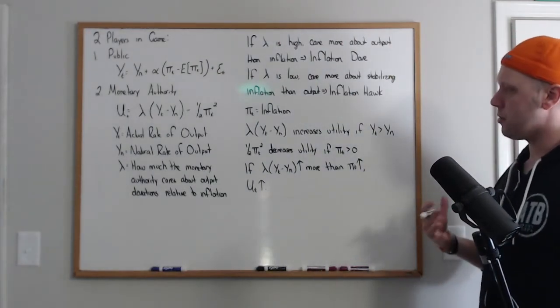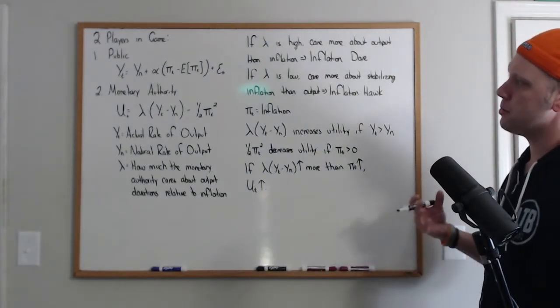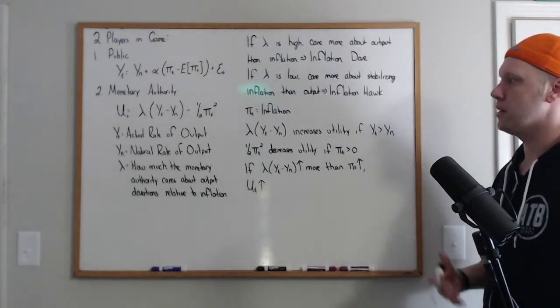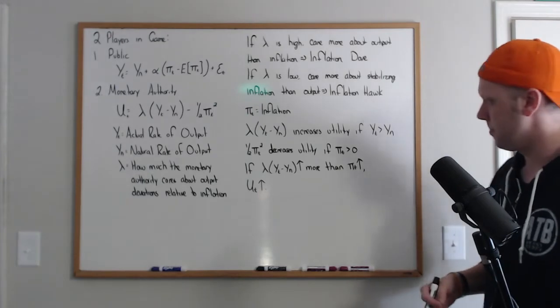So if we increase inflation a little bit, but we get a larger response in output, then the monetary authority's utility function is higher. They do better.